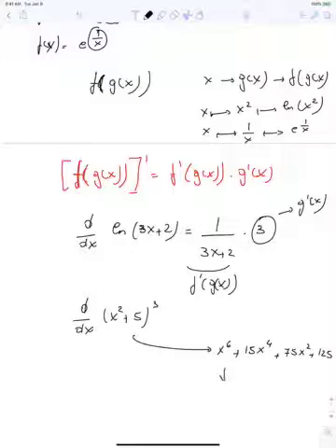Well, we do the derivative, and we get 6x power 5 plus 60x power 3 plus 150x, something like that.